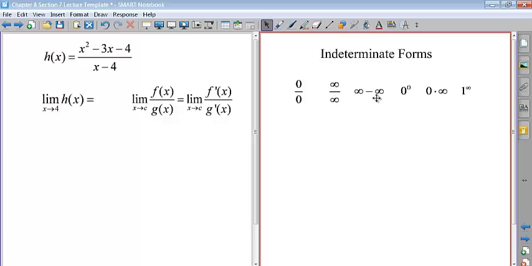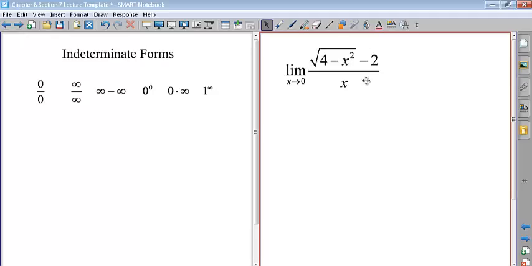You can have infinity minus infinity. You can have 0 raised to the 0 power. You can have 0 times infinity. You can have 1 to the infinite power. So these are other examples of indeterminate forms that can be addressed using L'Hopital's rule. So we'll look through some examples.